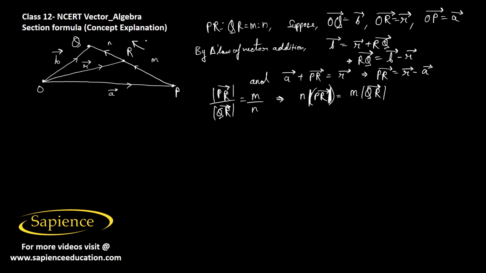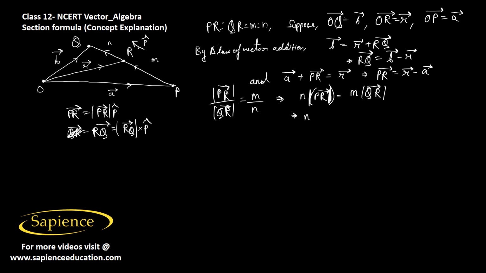Suppose I can call it P cap. So this P cap is the same actually. So therefore PR vector you can say is magnitude of PR into P cap. And RQ vector will be equal to the magnitude of RQ vector into P cap.